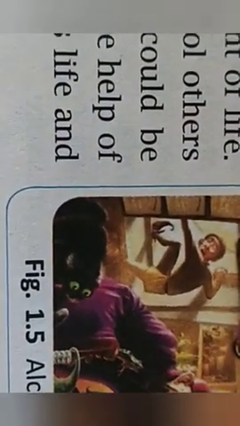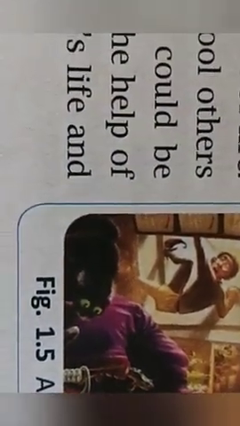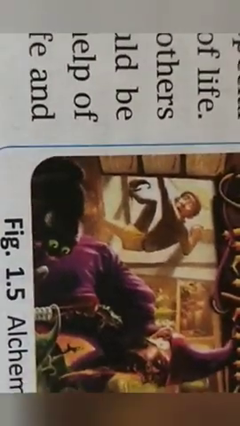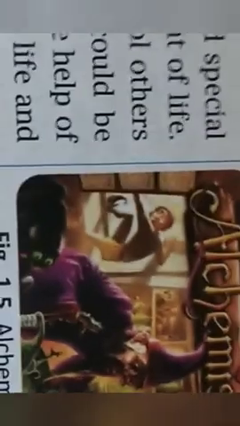These alchemists could not succeed in their efforts, and what they succeeded in was finding ways to extract metals, and they also found a way to prepare alloys.